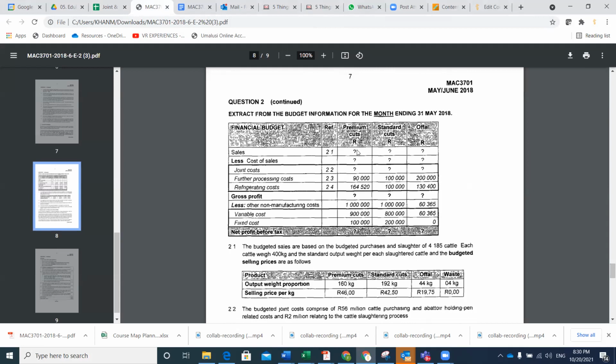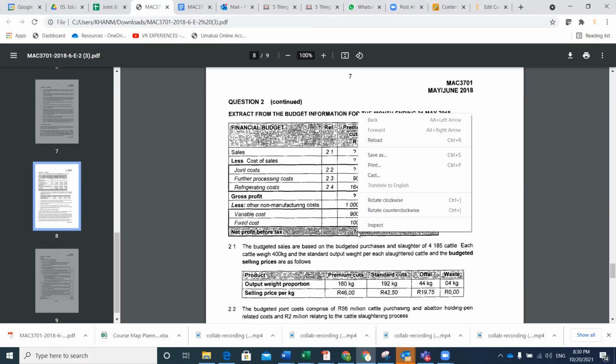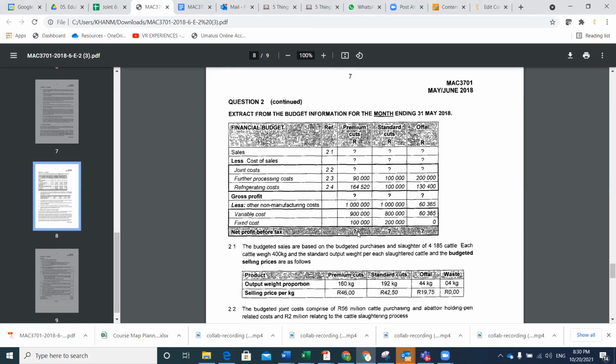To get cost of sales, we need the joint costs, but joint cost is going to be the very last thing we can get because we don't know the GP percentage. We don't have net profit, but we can work it out using the information we have. So we're first going to work out net profit.